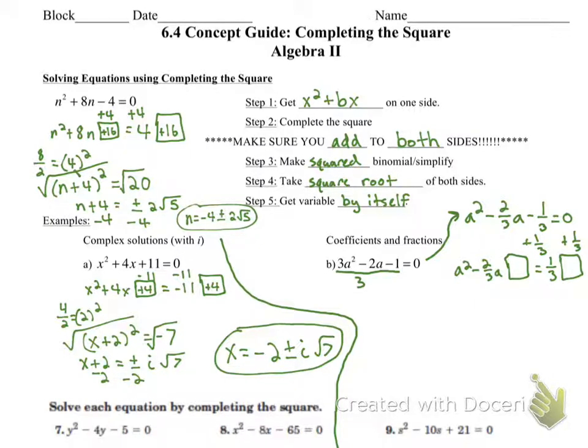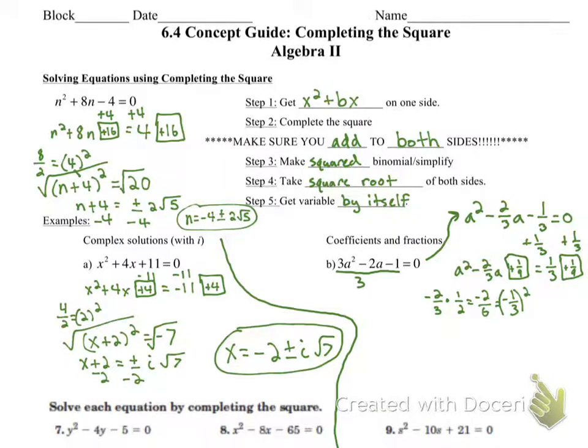I will then do the same process, take -2/3 and divide it by 2. Remember, when you divide a fraction by a number, you multiply by the reciprocal, which in this case would give you -2/6, which is -1/3. I'll then square it, and so I'll get plus 1/9 in each box.